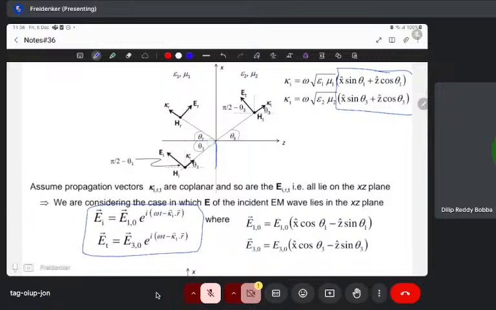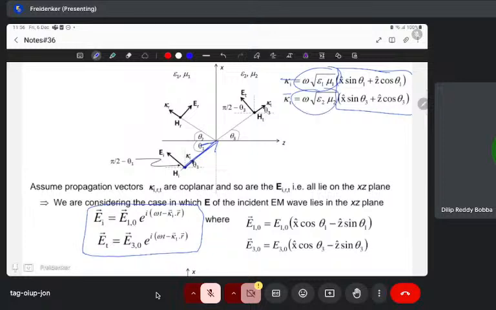Okay, fine. This is the magnitude and this is the direction. That's it. Nothing much is there. So this is a vector quantity, the k vector, the wave vector. I know the magnitude of this, which is this, and now they're writing the direction as well.